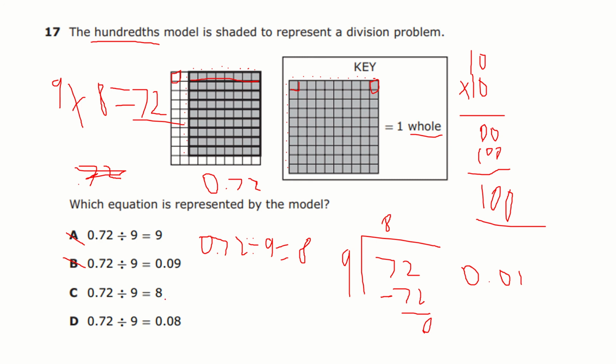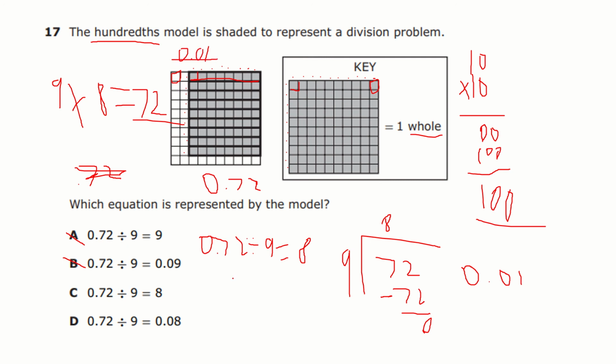Now it would not be this one. It cannot be 0.72 divided by 9 equals 8 as a whole number, because as we see here, we divided the 0.72 into 9 parts, which gives us 8 of these small blocks in each part. But as I said before, each one of these small blocks is not worth one whole, but rather one part out of 100, 0.01.